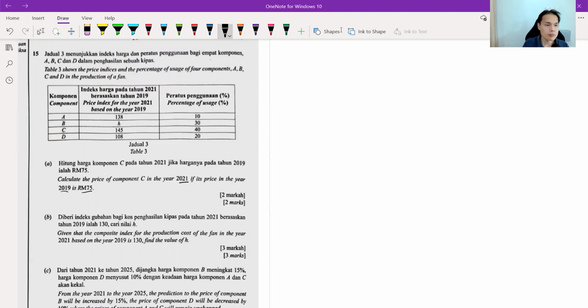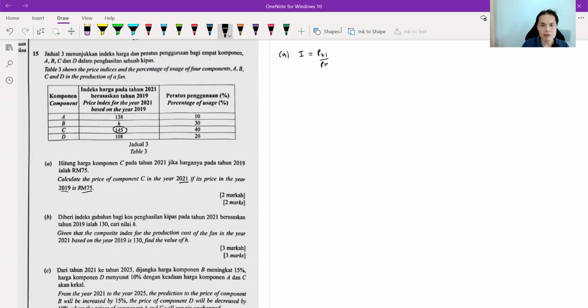So let's focus on component C. The price index is 145. You know that price index is the price in the current year, which is 2021, over the price in the base year, which is 2019, times 100. We know the price index is 145.